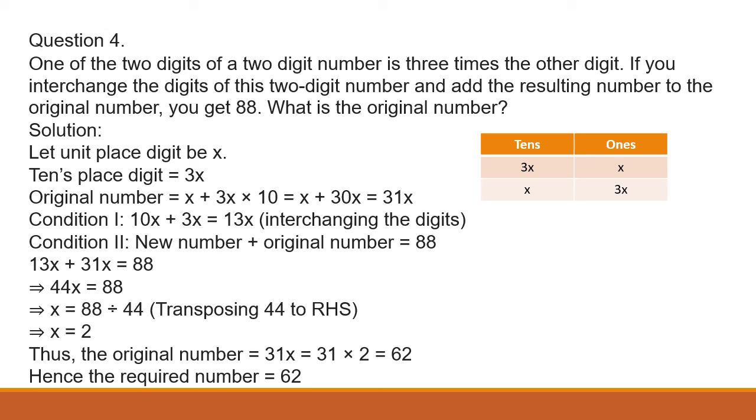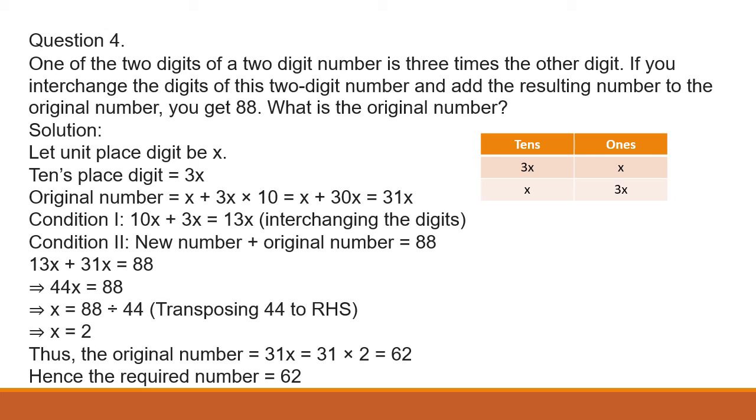Then they set the condition as the new number plus the original number is equal to 88. Children, the new number is 13x plus the original number 31x equals 88. 31x plus 13x equals 44x. 44x equals 88, so x equals 88 divided by 44. 44 ones are 44, 44 twos are 88.